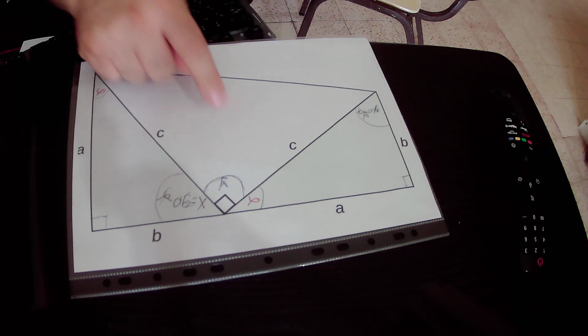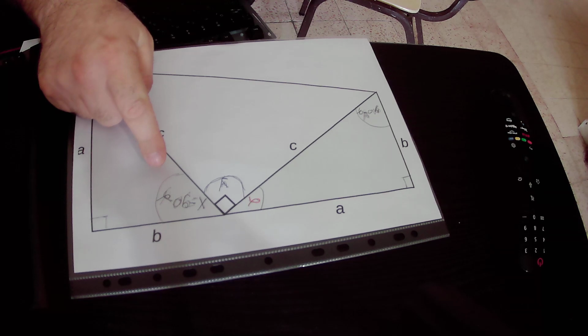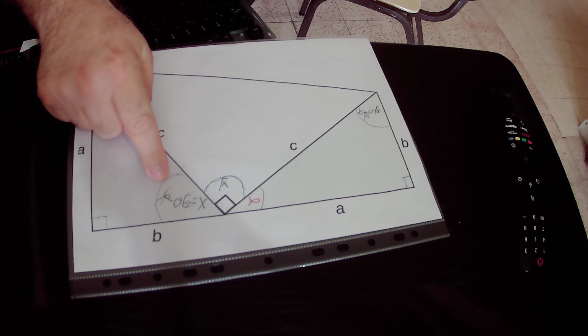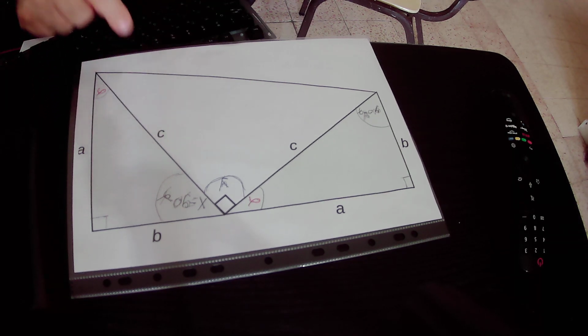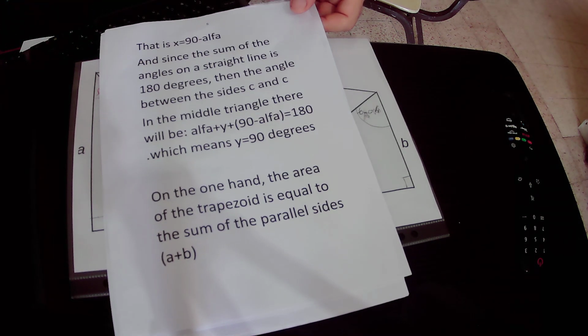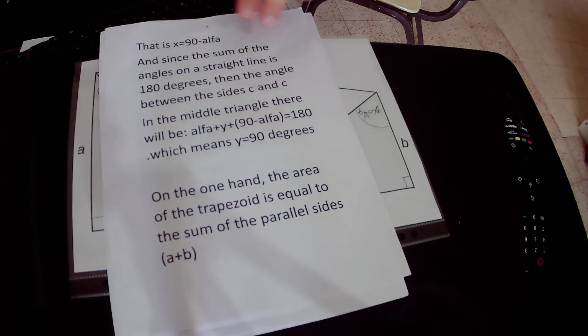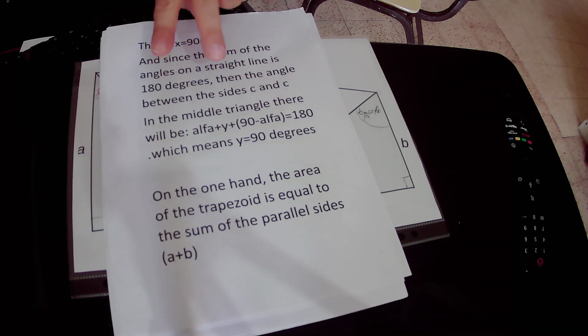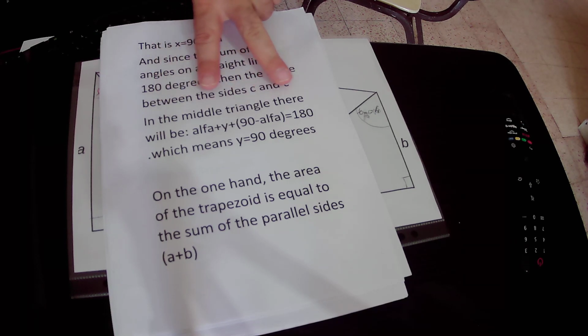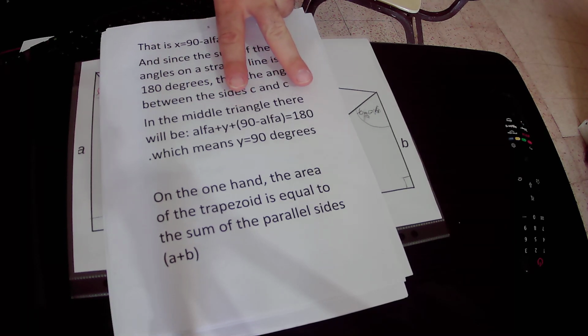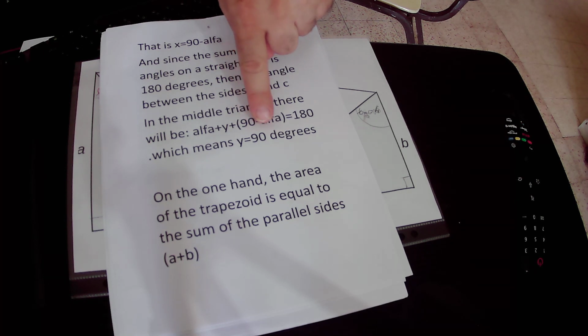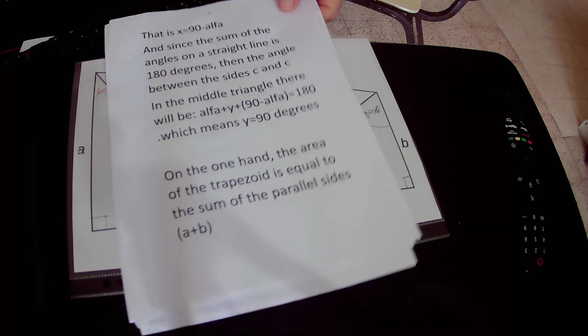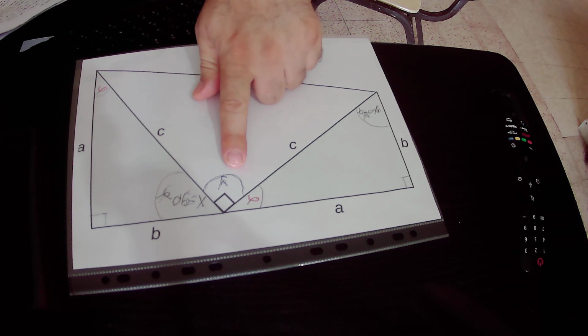Alpha minus alpha is 0, and then we subtract 90 from both sides of the equation, and we get that y is equal to 90 degrees. So this angle y is equal to 90 degrees.